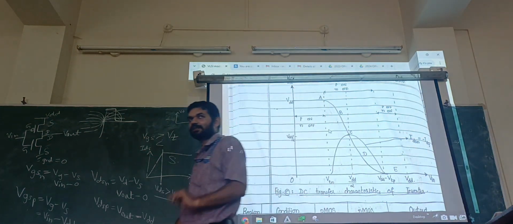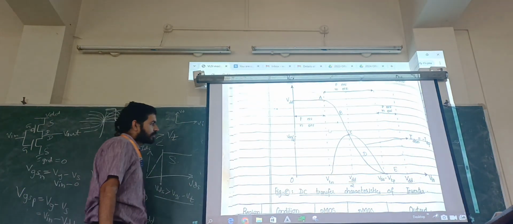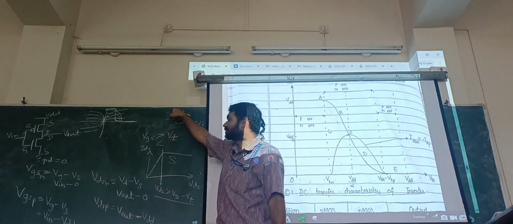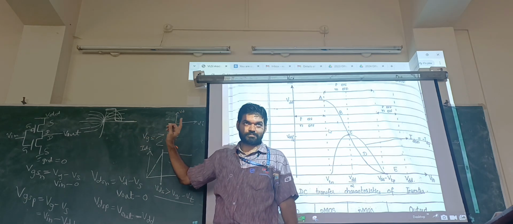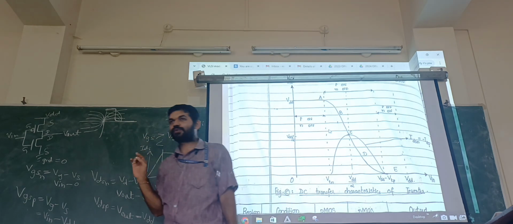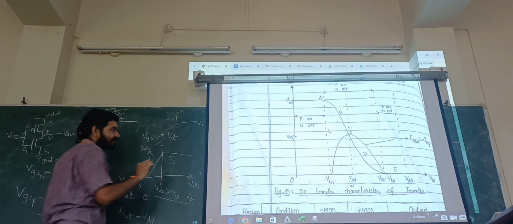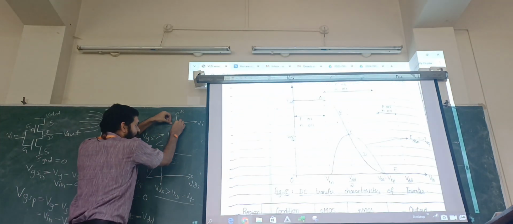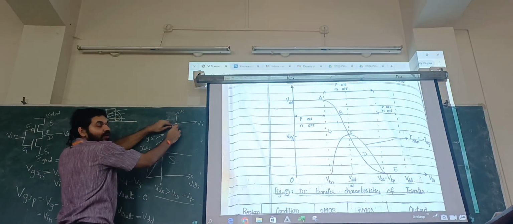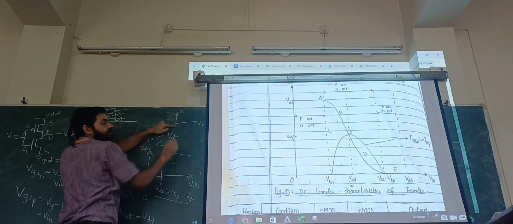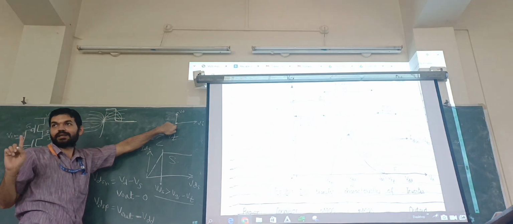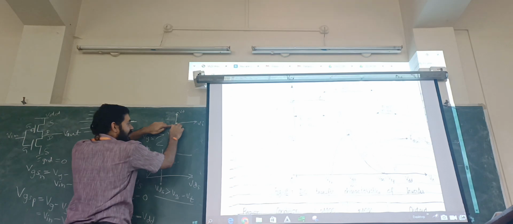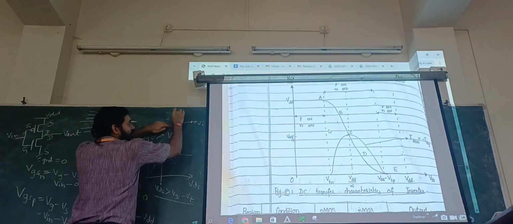This is V in, this is V out of the inverter. This graph says that if V in is 0, V out is 1, that is logic high, because in an inverter, if input is 0, output is 1. If V in is 1, V out is 0.